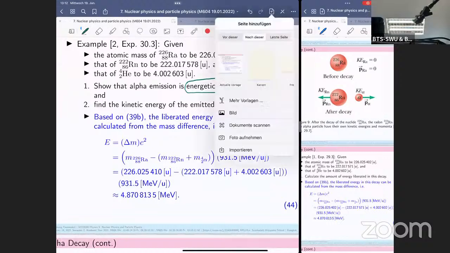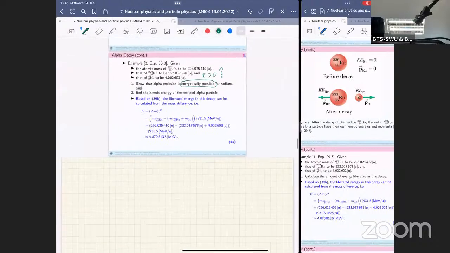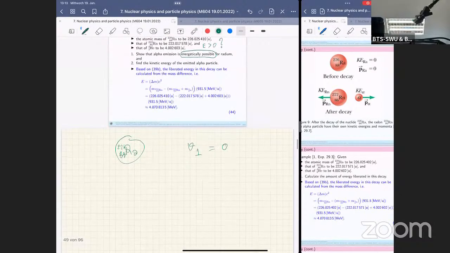Okay, let's do that. We open a new page. You know that radium 226, right? 226 and 88. Start from rest, right? There is no movement, so the state 1 is V of radon.